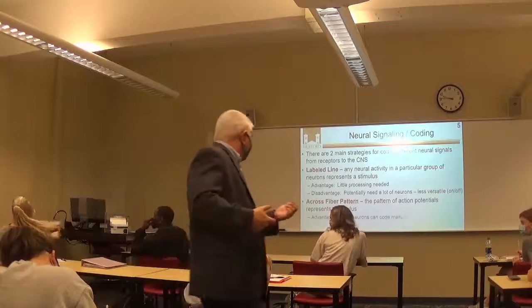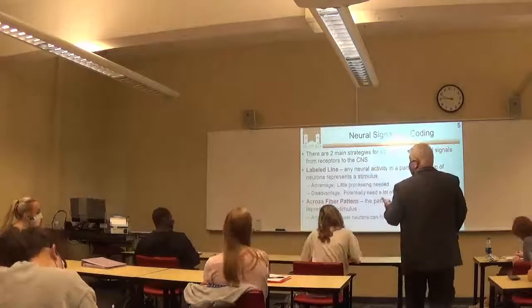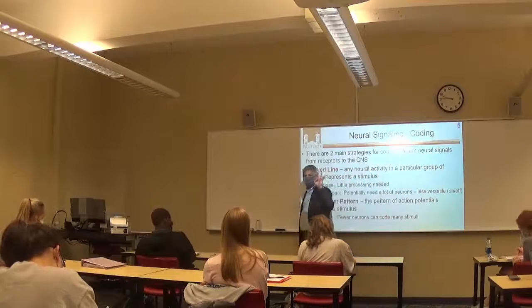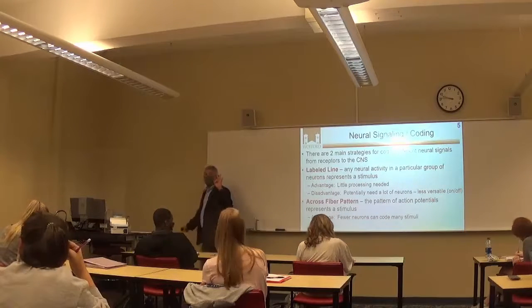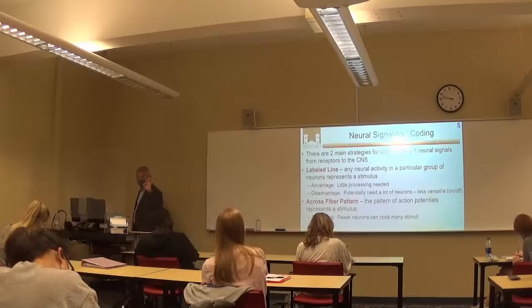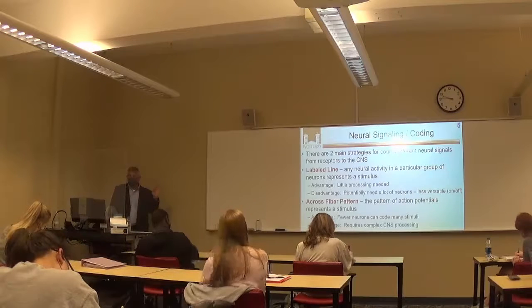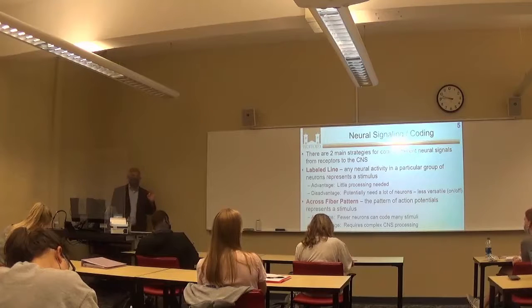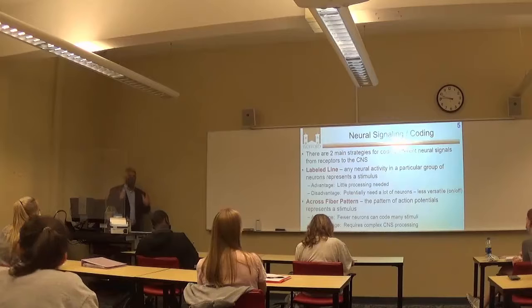So the advantage of this is that we have one neuron now that can send information about 3 different stimuli, so we don't need as many neurons. The disadvantage is that the brain actually has to look at the pattern, interpret the pattern, and know what that pattern represents.